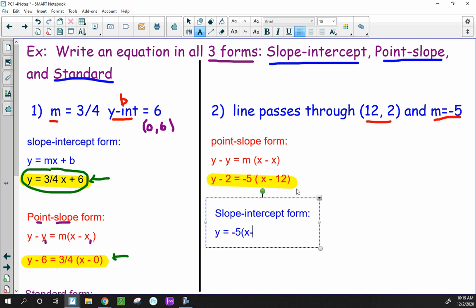I'm going to go ahead and transpose the -2 and make it a +2. Okay, so all I've done is move this to the end of the problem. And in the next step, it still doesn't look exactly like slope-intercept form, and that's because there's parentheses here, so I'm going to just distribute very easily. So it's -5x, and then -5 times -12 is a +60.